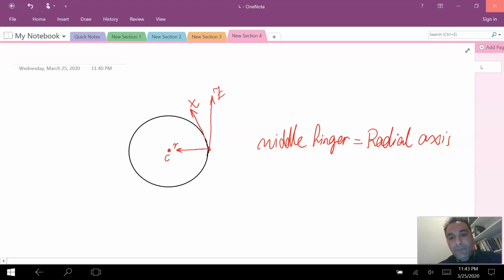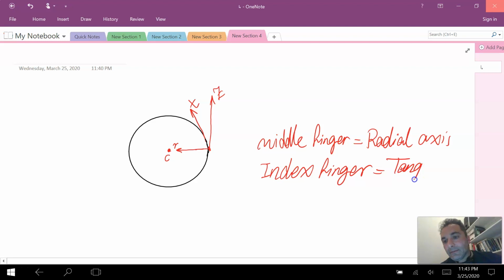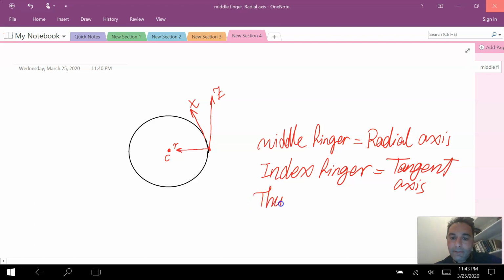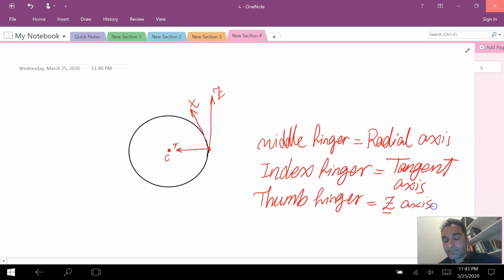The index finger is the tangent axis, it's tangent on the circle, remember. And the thumb is the Z-axis. Okay?